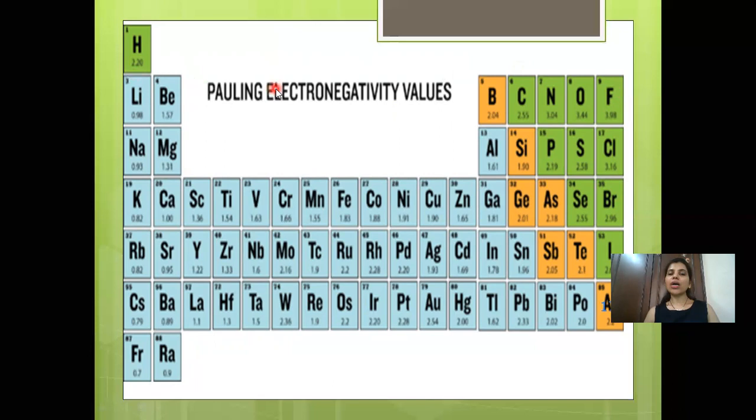So now we are going to talk about the factors which influence it. It is the same for electron affinity and electronegativity: the atomic size and the nuclear charge. So let's see for lithium. Again, as I told you, for lithium, it's going to be 2, 1, and if I'm comparing fluorine, for fluorine it is going to be 2, 7.